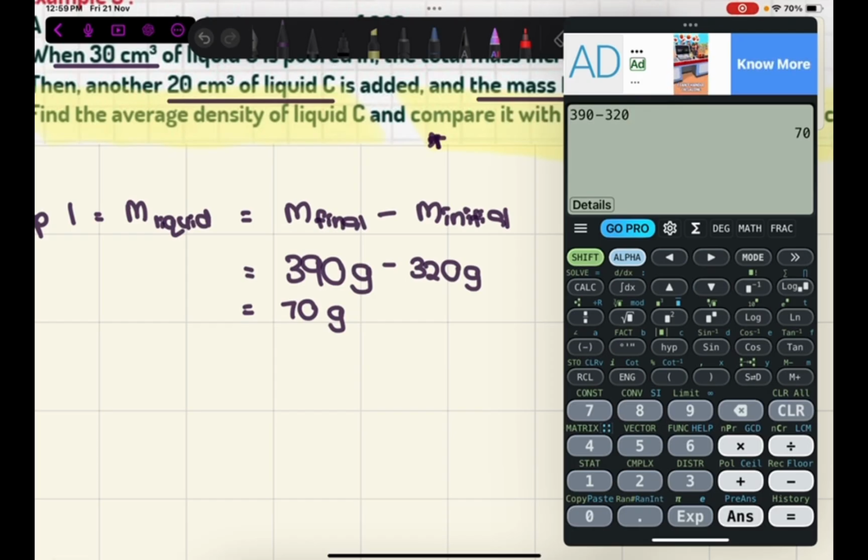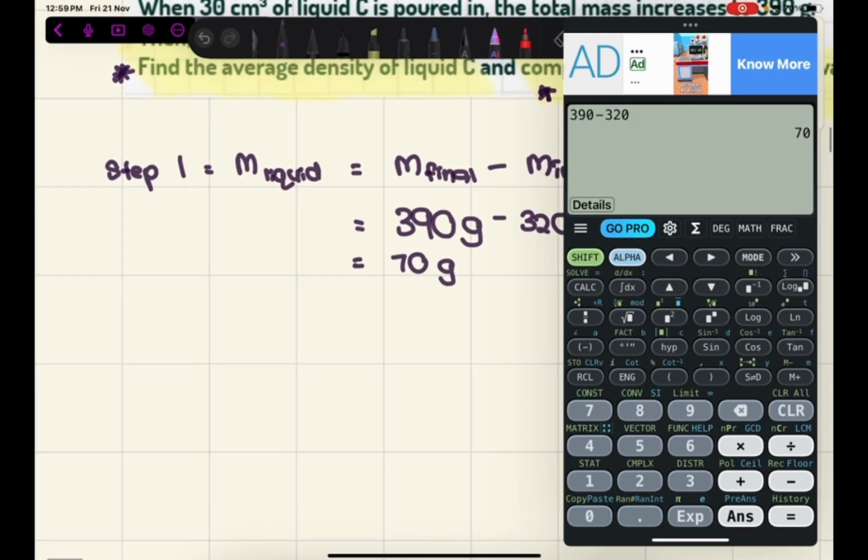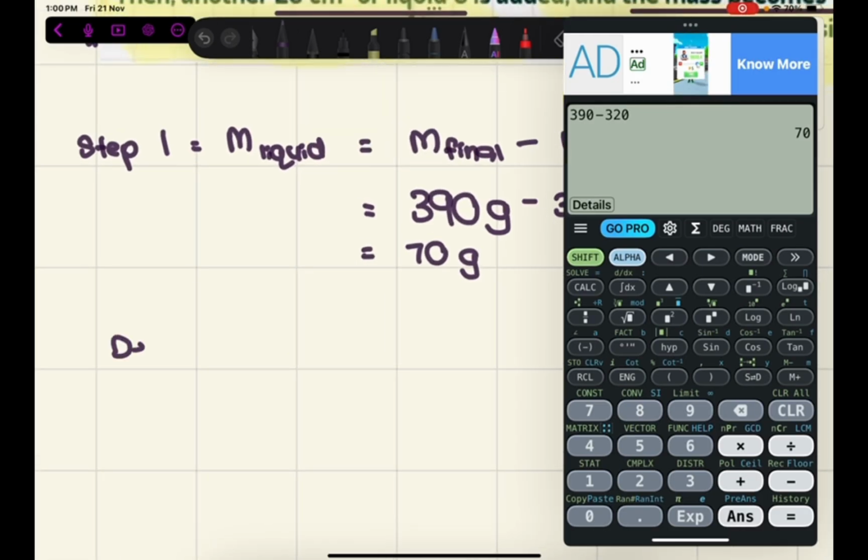Alright, so now we can calculate the density using the formula. Density equals mass over volume.